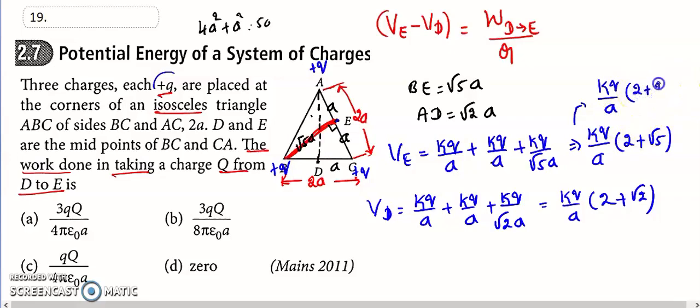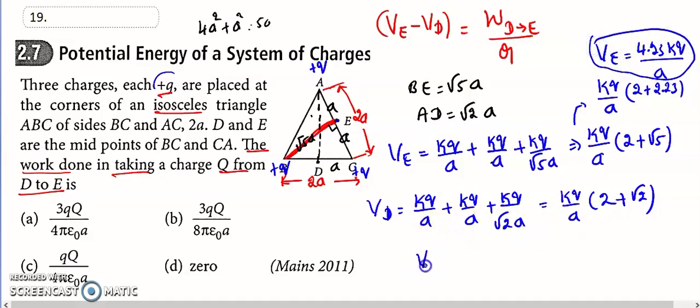So 2 plus 2.23 is 4.23 kq divided by a. So this is the potential at E. And this is the potential at D, equal to kq divided by a times 2 plus root 2.